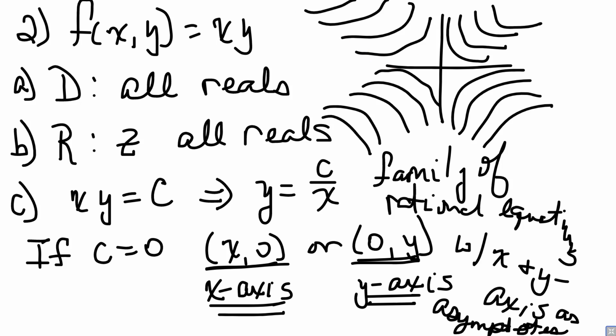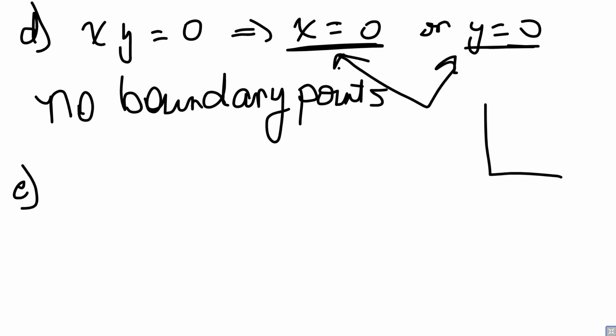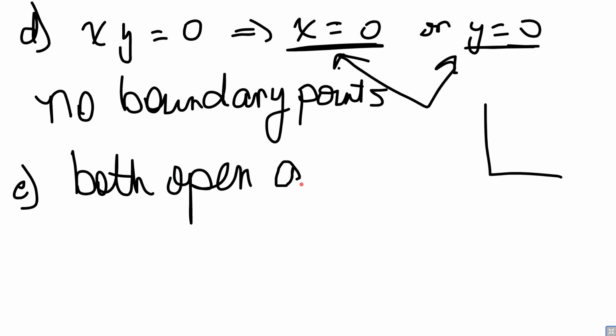Well, if you think about it, are these curves ever going to be bounded? No, because they're just going to expand out, and expand out, and expand out. So for this piece, it would be open, but for this piece, it would be closed. So in part E, we would say that it is both open and closed.